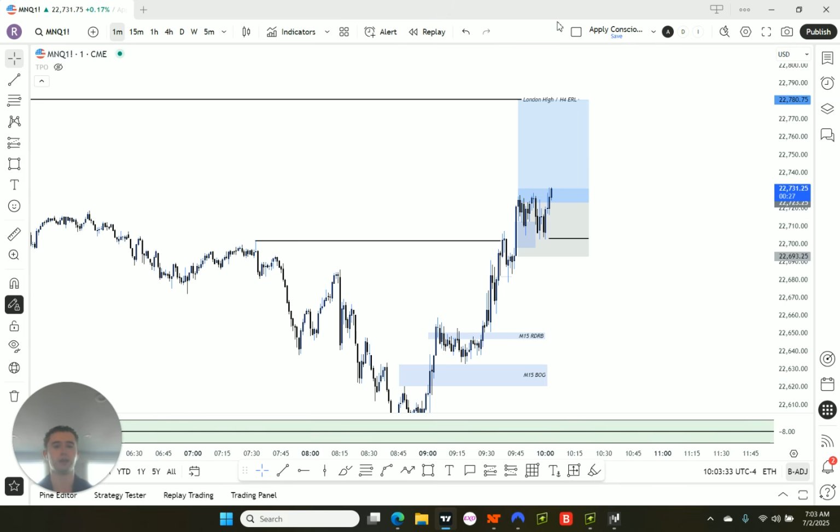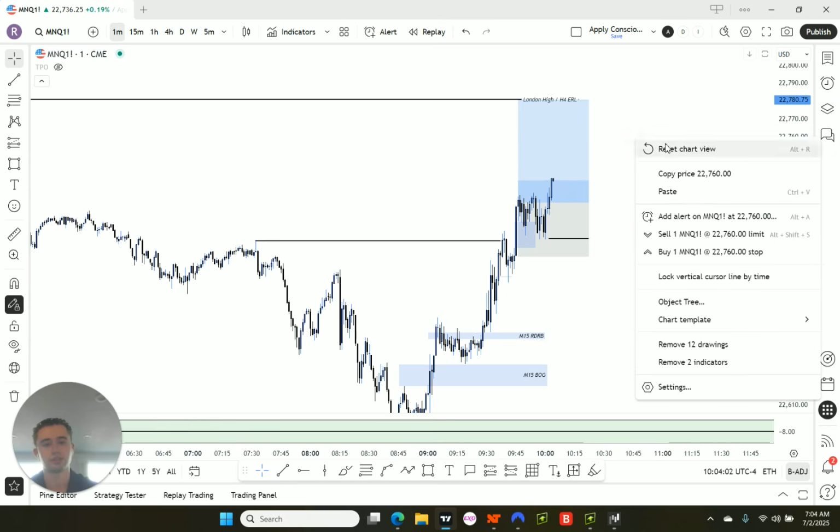At any rate, I'm done after this trade just because we've already hit 10 now, and there's nothing more that I would be entering on. Let's see if this squeeze continues.